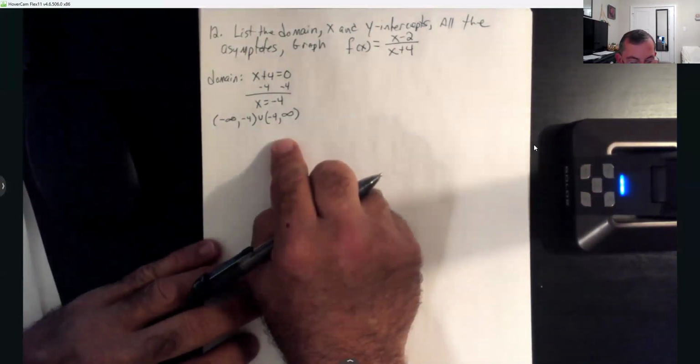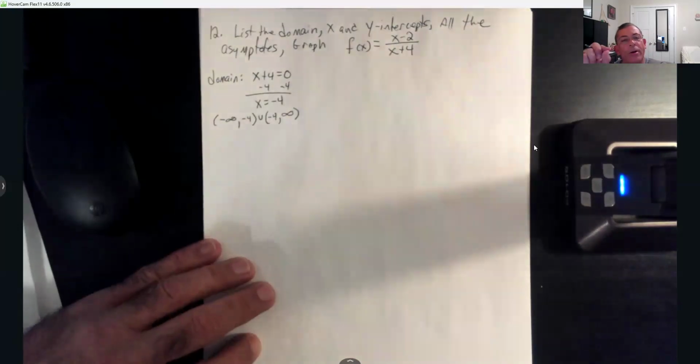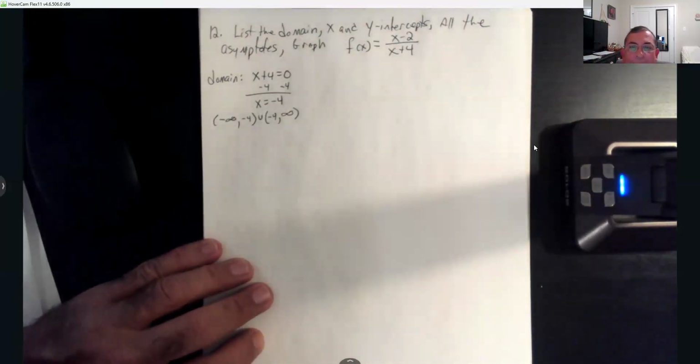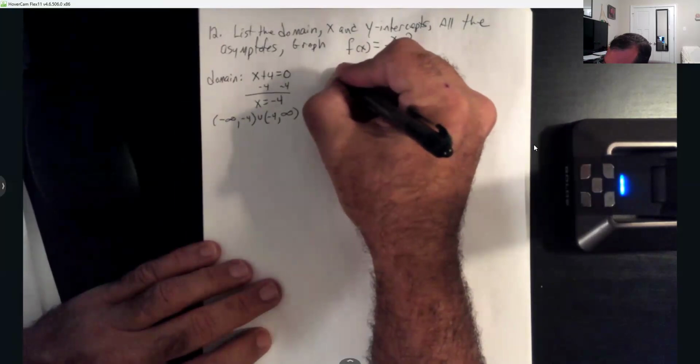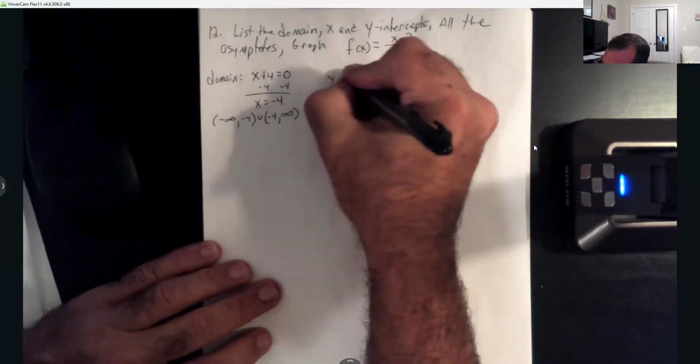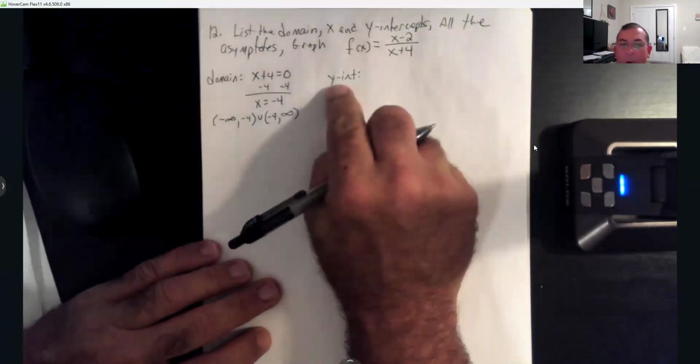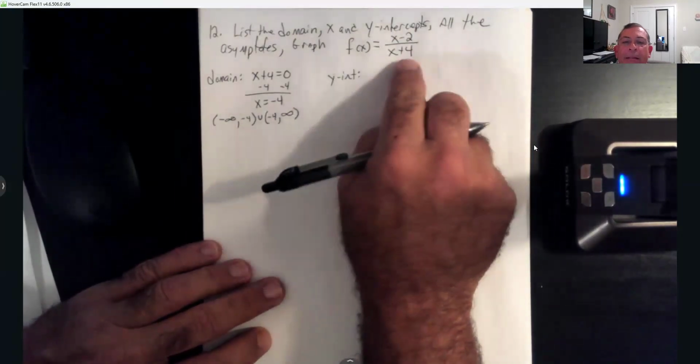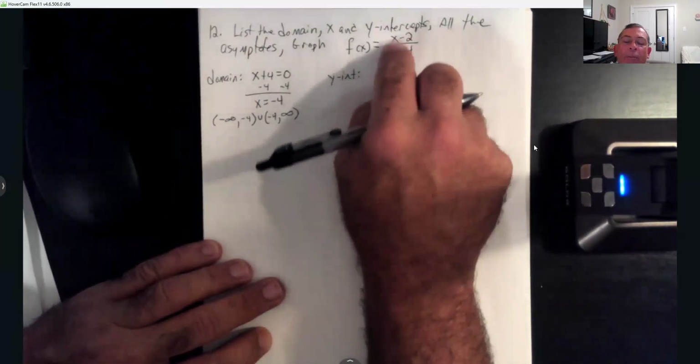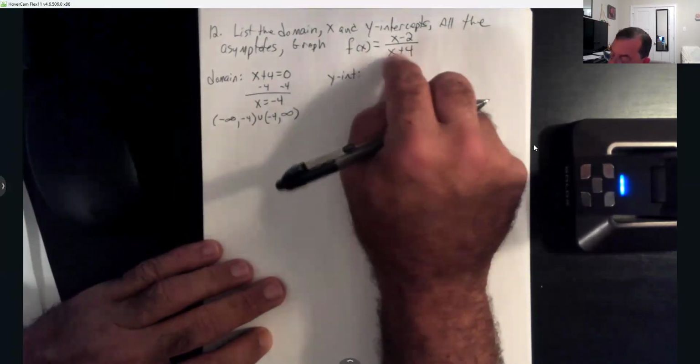Now let's see what they're asking. So y'all, here's how you find the X and Y intercepts. The Y-intercept. We're going to find the Y-intercept by basically finding f of 0.